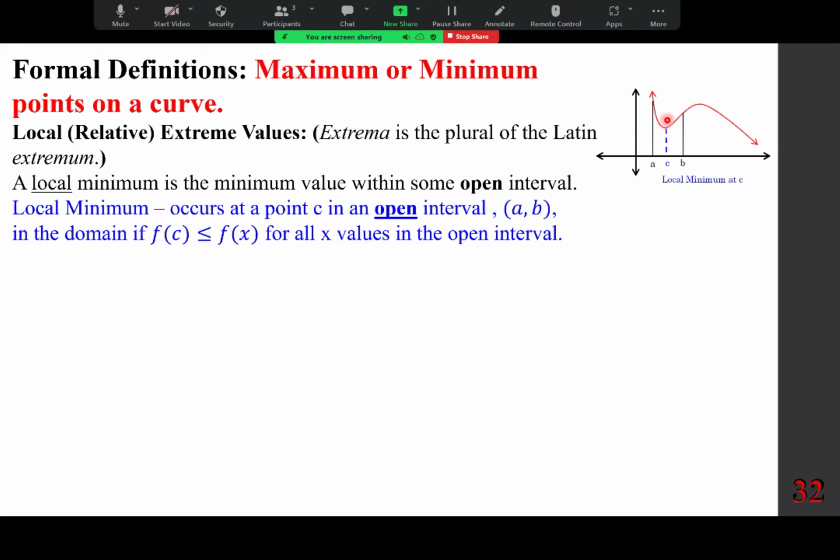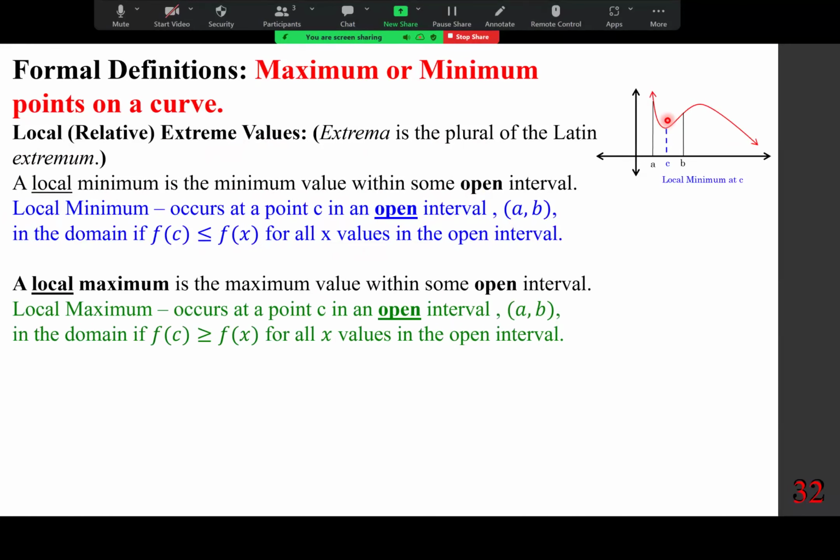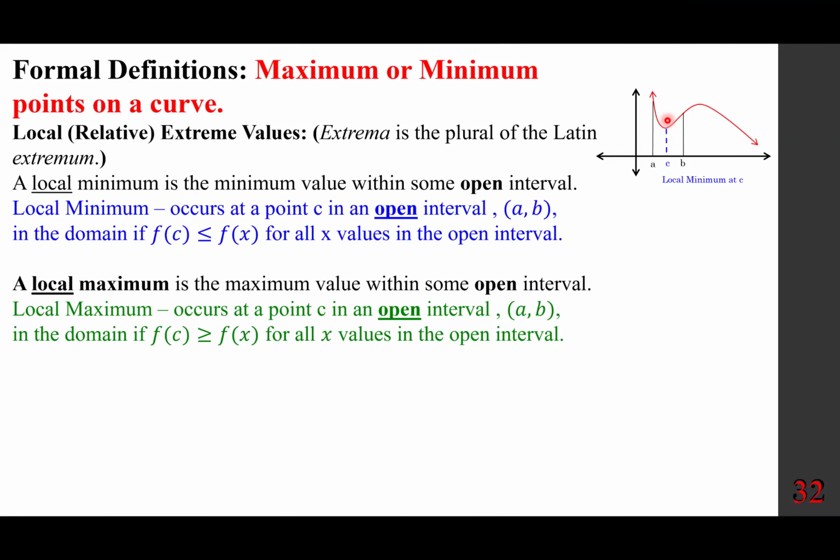So this is a local minimum. By the way, extrema refers to the y-coordinate of the function, okay? So when we want to see what is the maximum or minimum, we mean the y-coordinate.